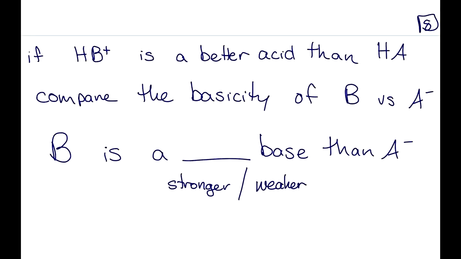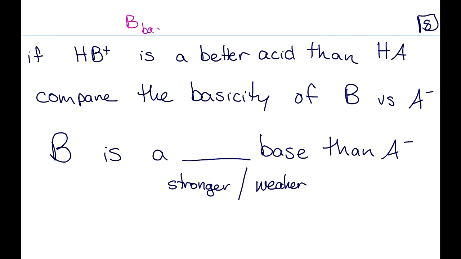If HB plus is a better acid than HA, compare the basicity of B and A minus. B is a blank base than A minus. Stronger or weaker? If HB plus is a better acid, that means B is what kind of base? Bad base or good base?